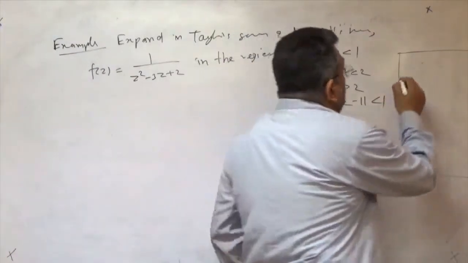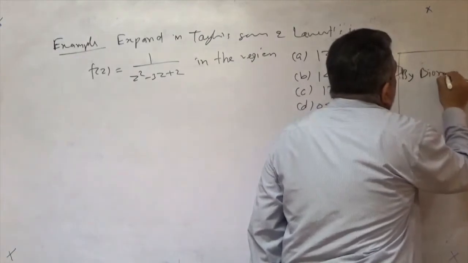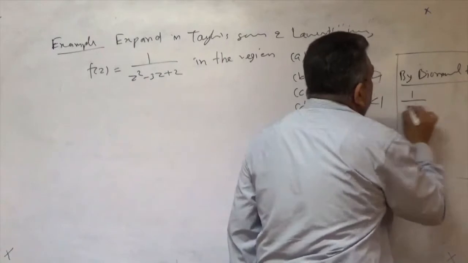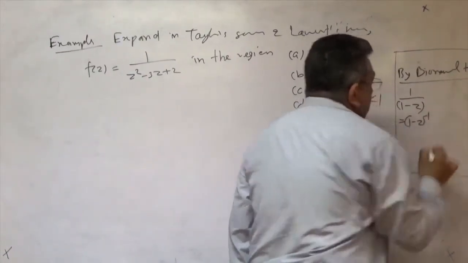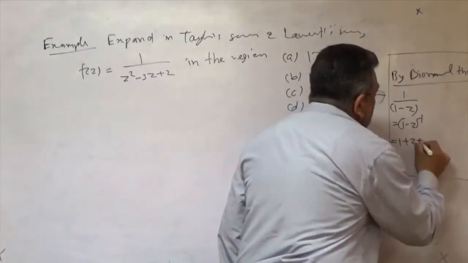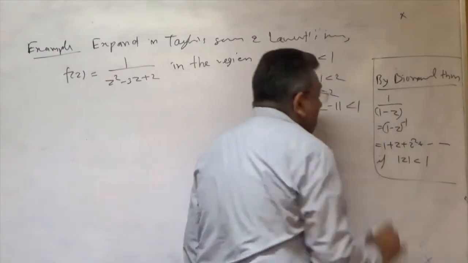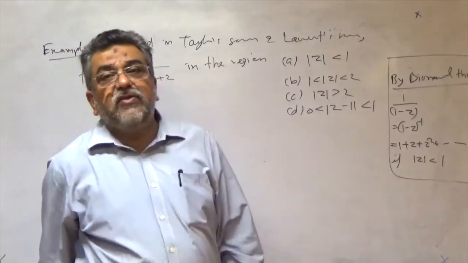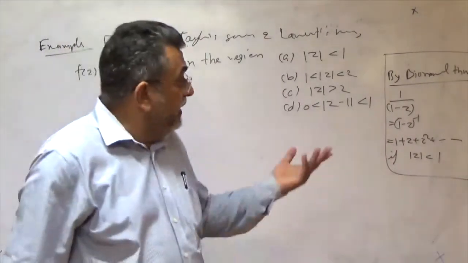So you know that by the binomial theorem, if we have any function like that, we can expand 1 upon 1 minus z as 1 plus z plus z square plus so on, if this condition holds. This is the condition of convergence: if mod z is less than 1, that is the common ratio, because this is a type of GP.